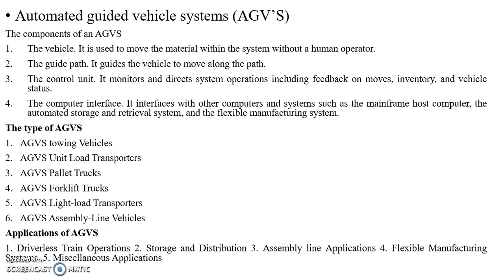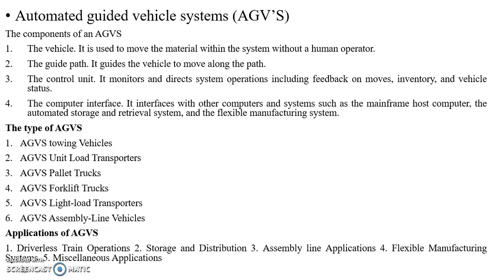Next is the components of AGVs. The first component is the vehicle, which is used to move the material within the system. Next one is the guided paths. It guides the vehicle to move along the predefined paths. Next is the control unit.